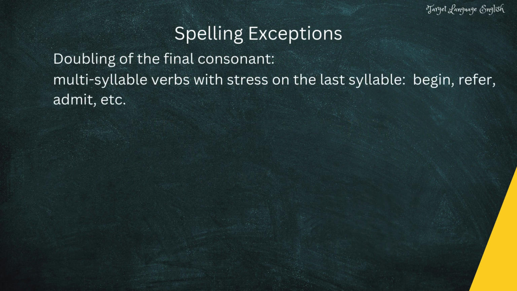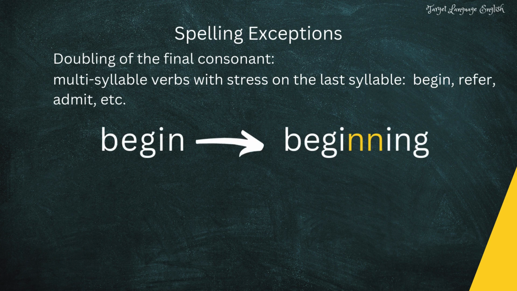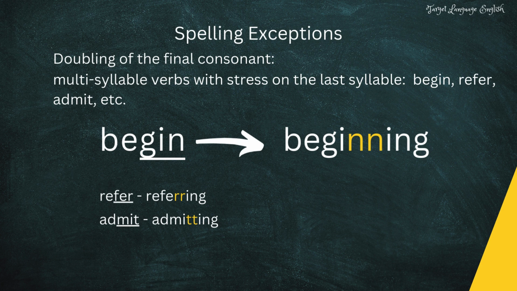We also double the final consonant in multi-syllable verbs if the stress falls on the last syllable. For example, begin, beginning. The last syllable is stressed, so we had to double the final consonant before adding ing. Other similar examples are refer, referring, admit, admitting.